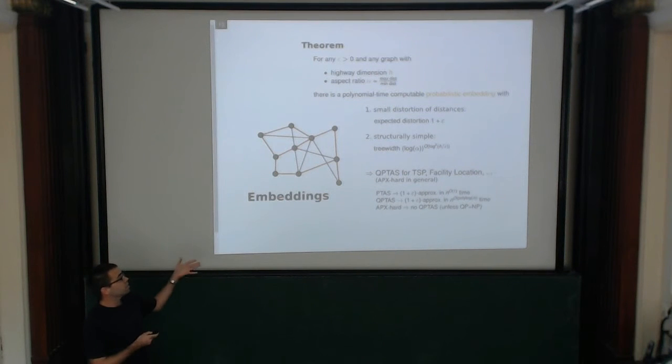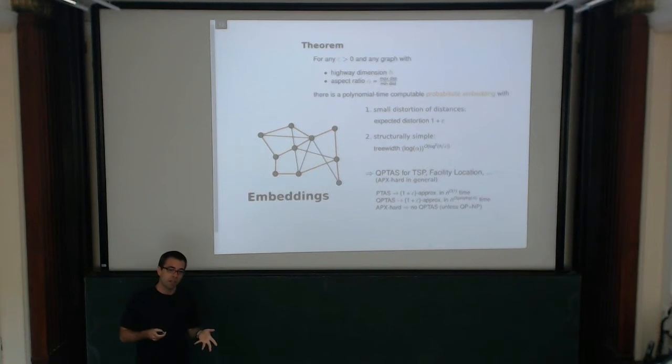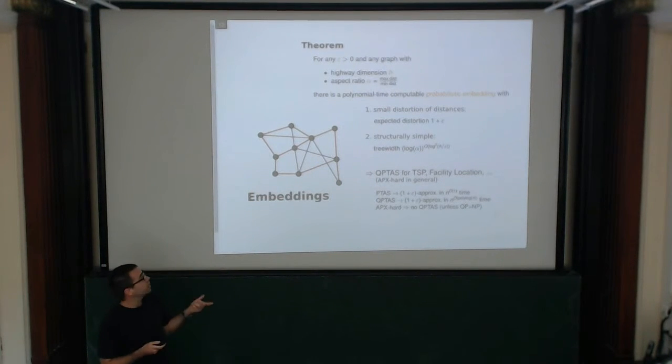But the point is that these known techniques involve a sparsification step. So if you are aiming for a 1+ε approximation, you can always assume that the aspect ratio is n over epsilon, OK? And then you get a tree width that's polylogarithmic. And that's why we get quasi-polynomial running times, because in the end, the running time is something like n to the tree width, OK?